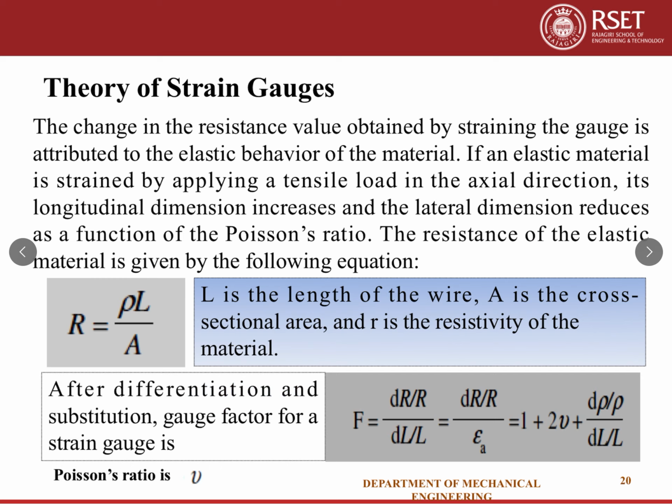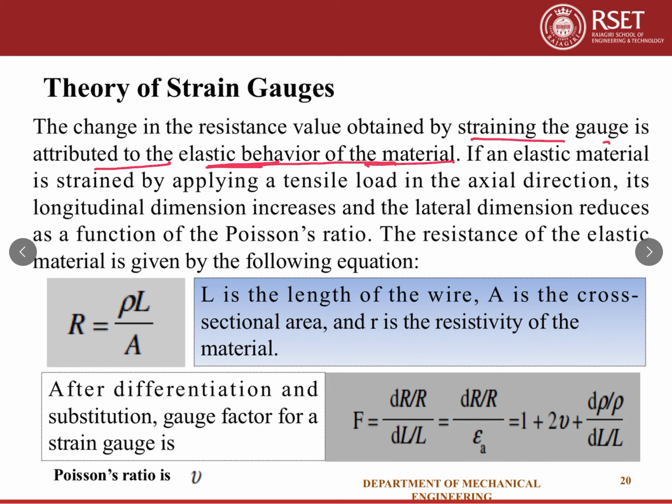Next is the theory of strain gauges. The change in resistance value obtained by straining the gauge is attributed to the elastic behavior of the material.